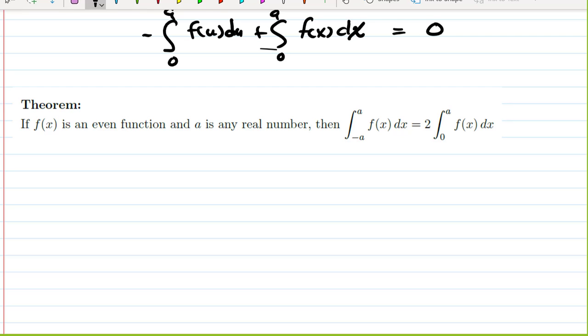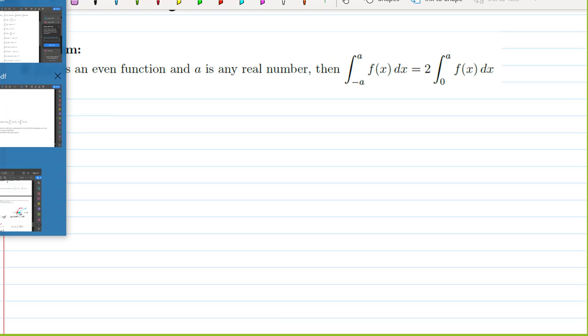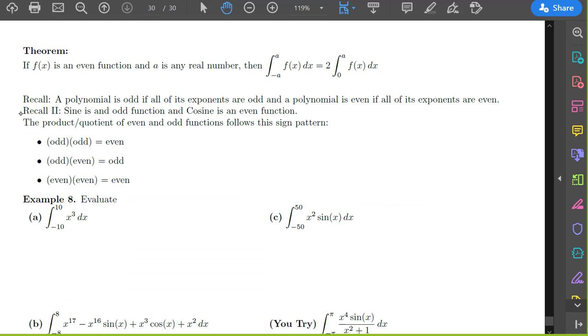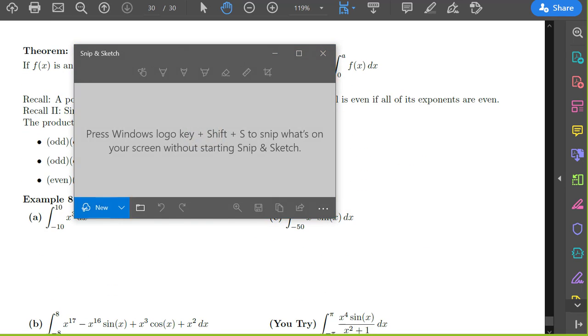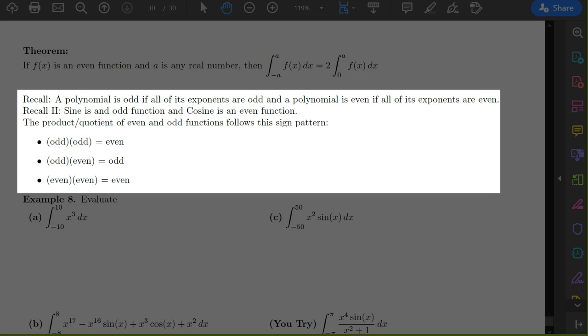If f of x is an even function and a is any real number, then the integral from negative a to a of f of x dx is equal to twice the integral from 0 to a of f of x dx. Both of these can be helpful in simplifying and working certain types of integrals. So we have some properties of even and odd functions that we may or may not remember.